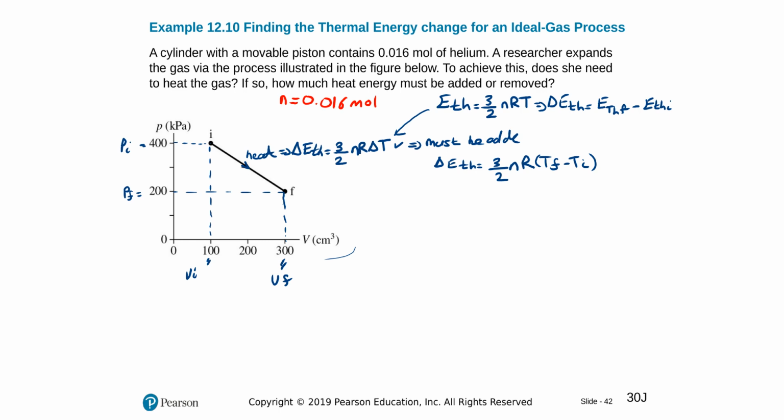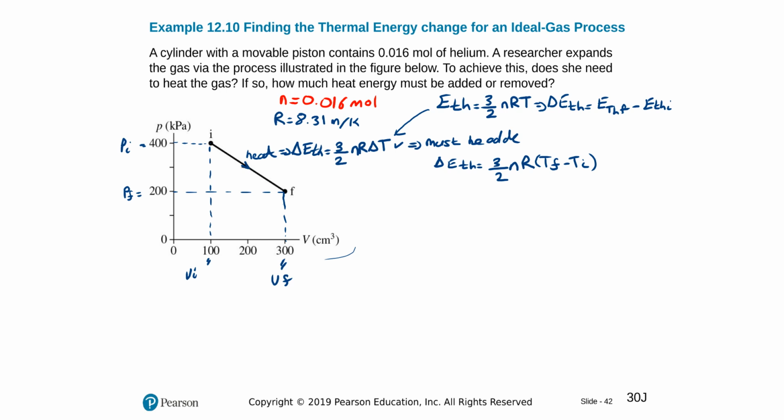Remember, here R is the gas constant, and it is equal to 8.31 joules per mole per Kelvin. How do we find T initial and T final? We use gas processes.